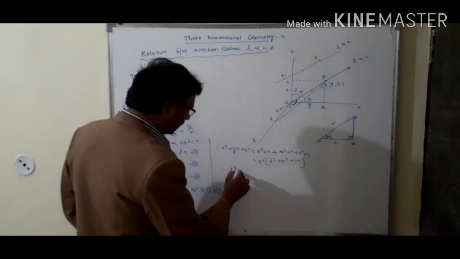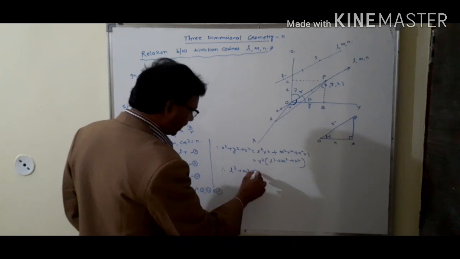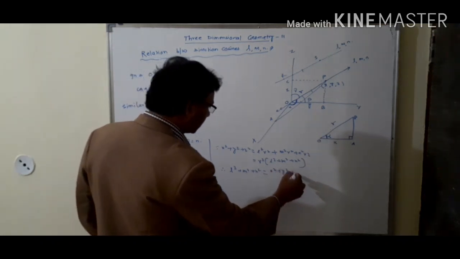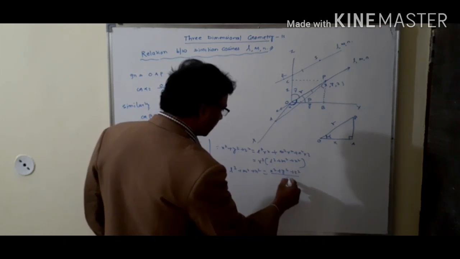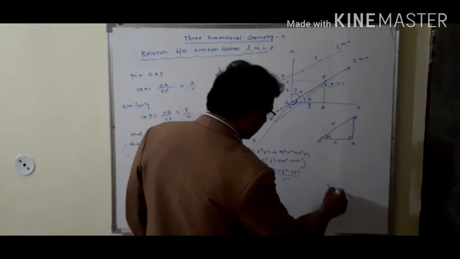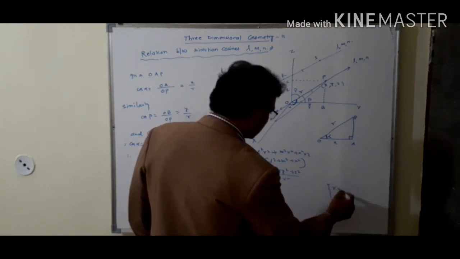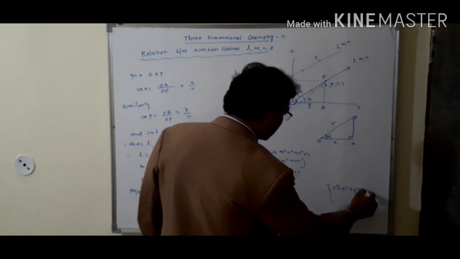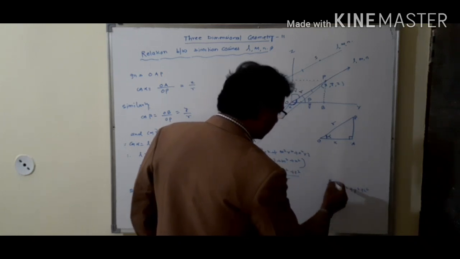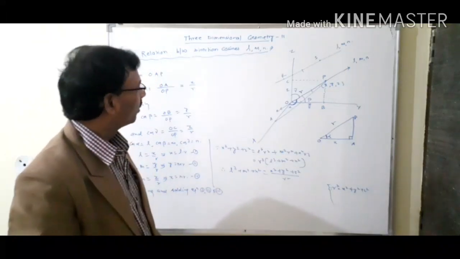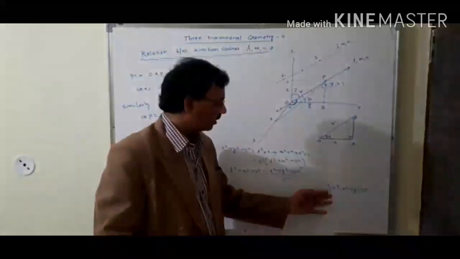Therefore l square plus m square plus n square gives us x square plus y square plus z square upon r square. As you know, r square equals x square plus y square plus z square, which we have studied in the previous chapter on vectors.